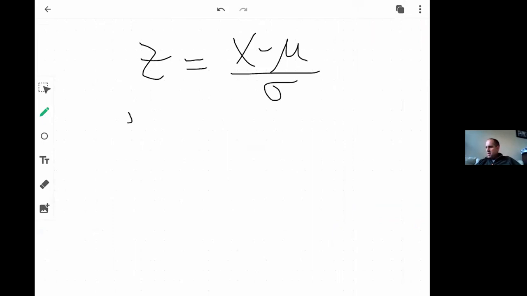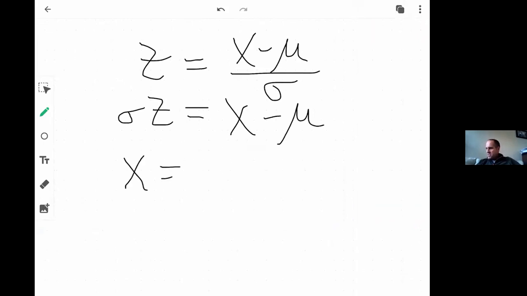If I multiply through by sigma, that means that sigma z is equal to x minus mu, which means, by the way, that the relationship between x and z is that x is equal to mu plus z times sigma, okay?